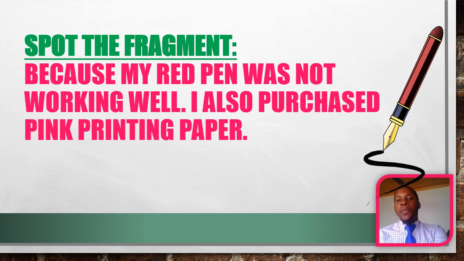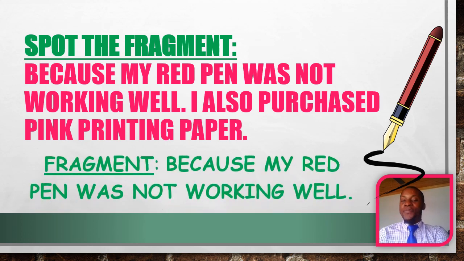Because my red pen was not working well, I also purchased pink printing paper. 1 or 2 is a fragment. Sentence 1 or sentence 2? Sentence 1 is correct. Because my red pen was not working well, we're left wondering what happened.